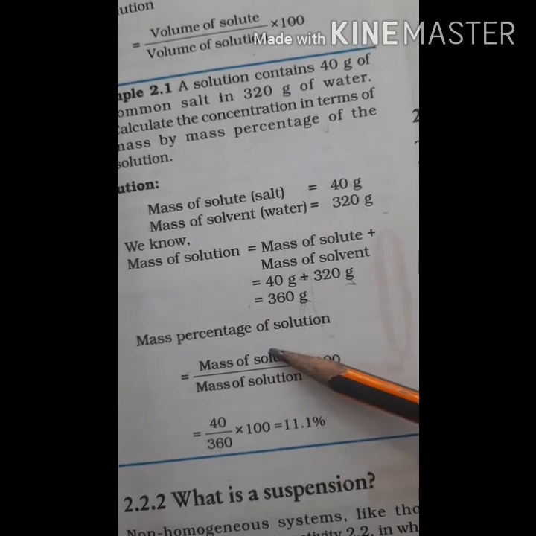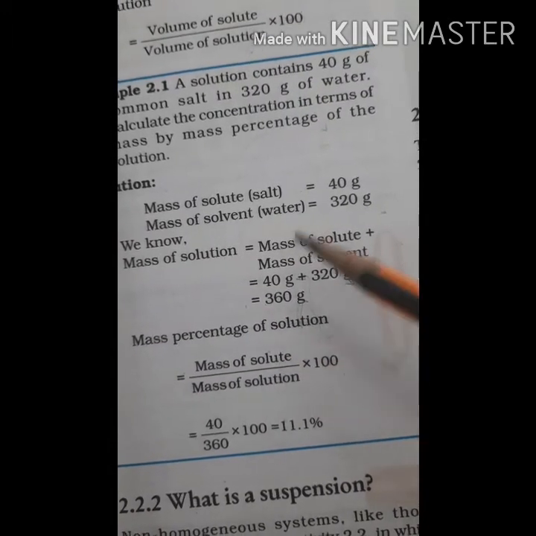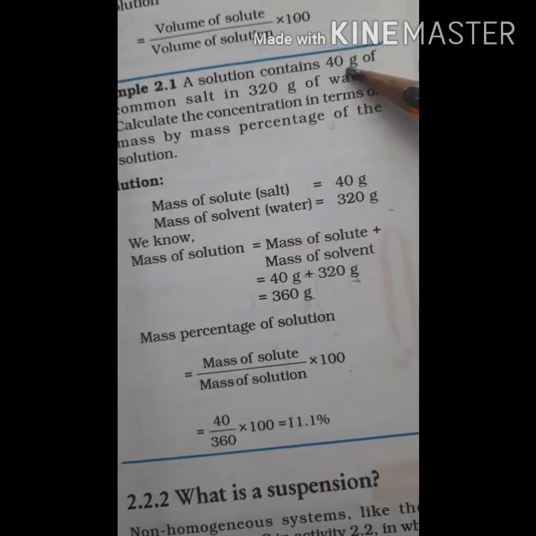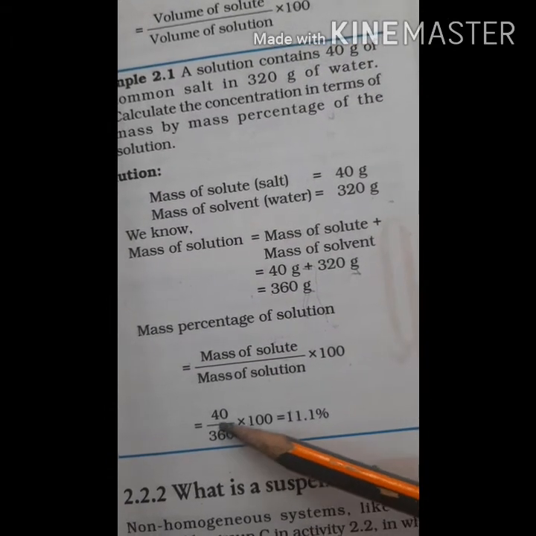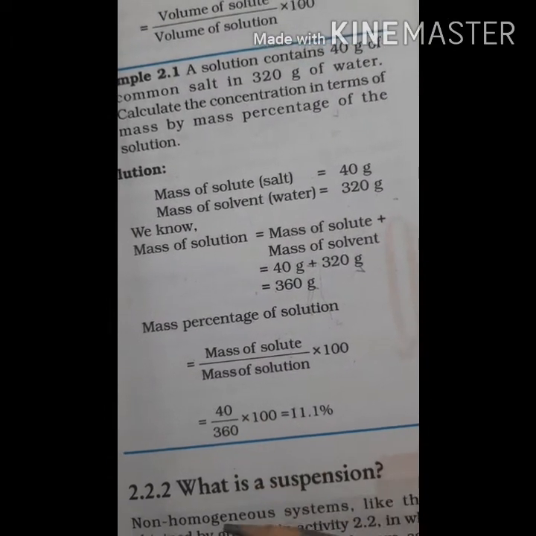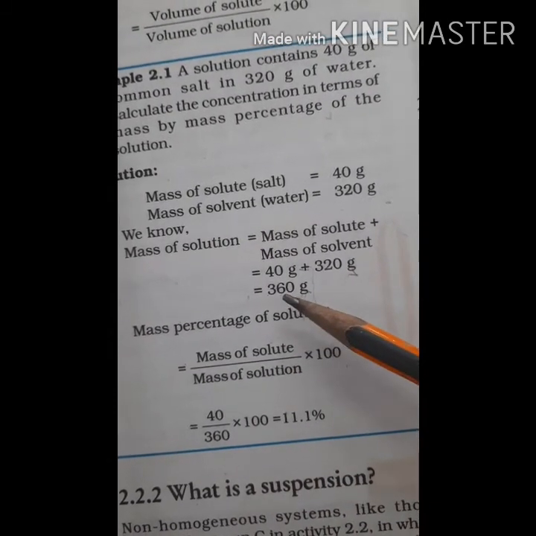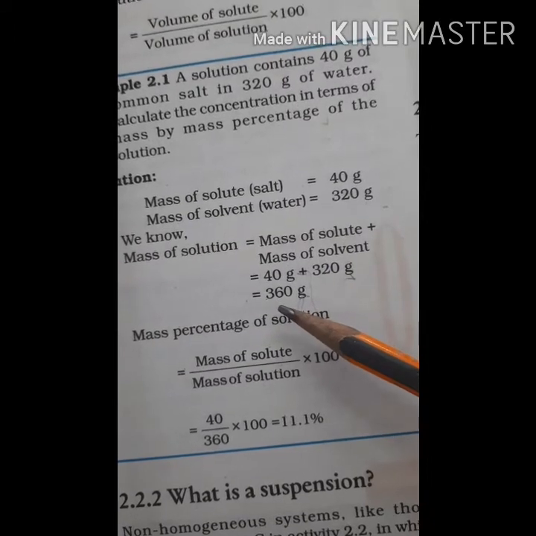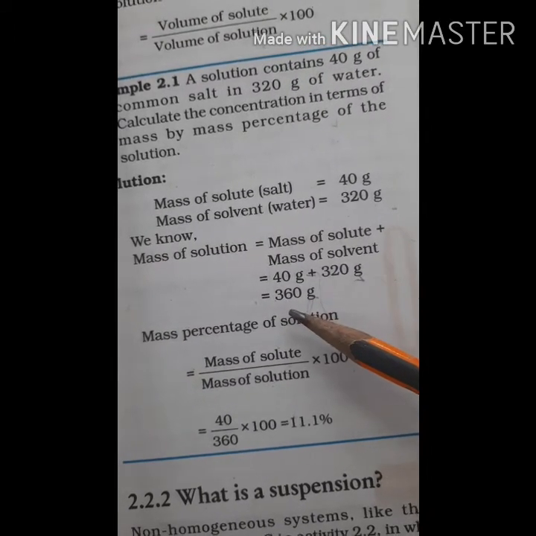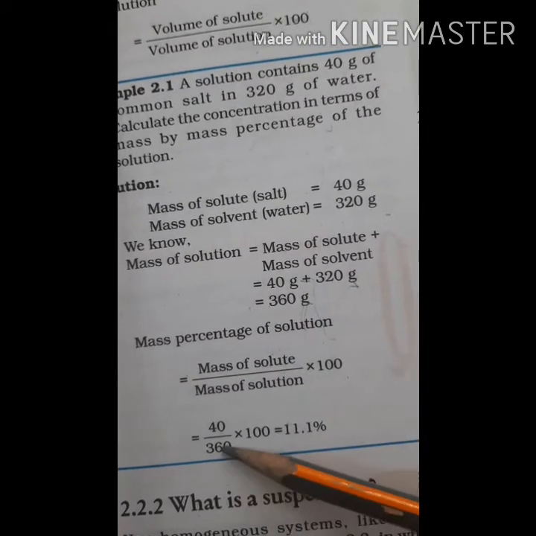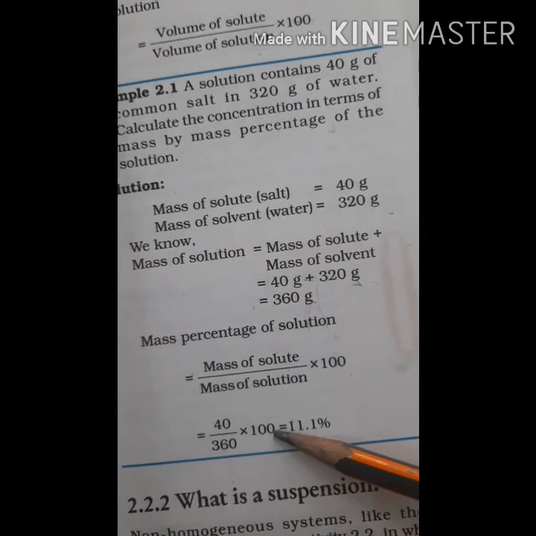Okay. First one, we know it well. What is mass of solute? It is given here, 40 gram. So it is substituted here. Down, what is mass of solution? We have calculated mass of solution by adding solute plus solvent. So that is 360 into 100.